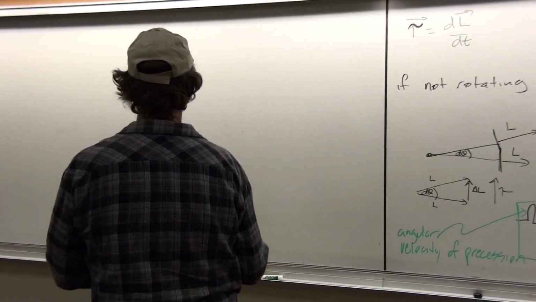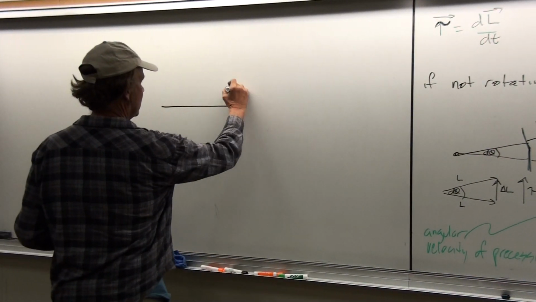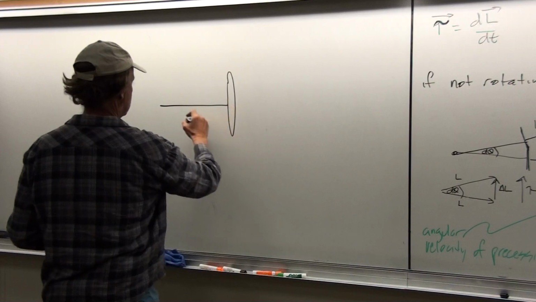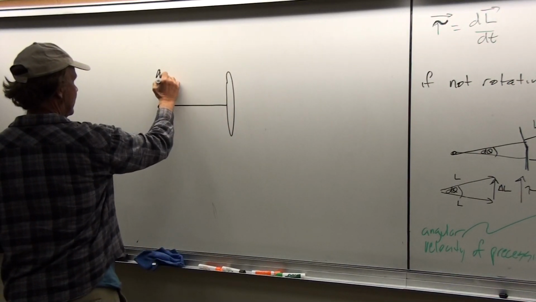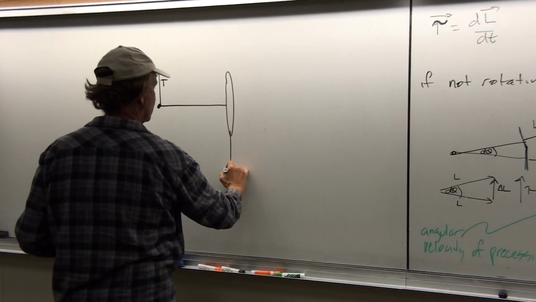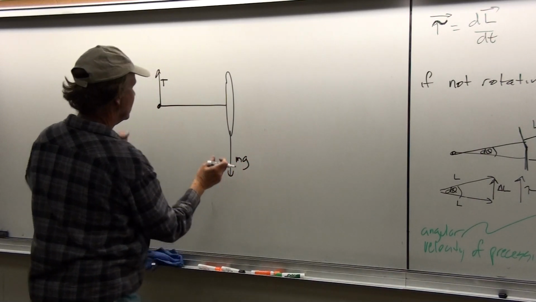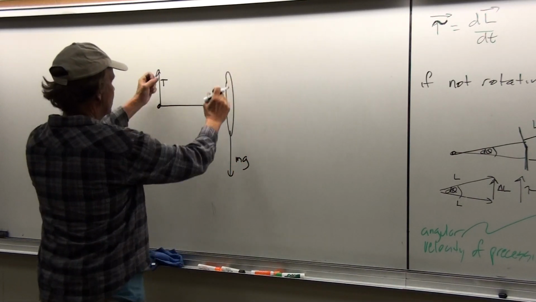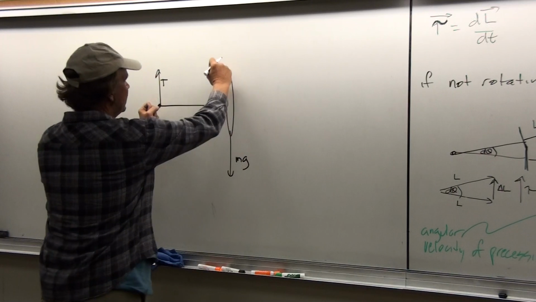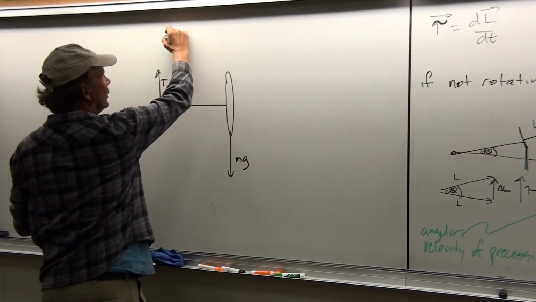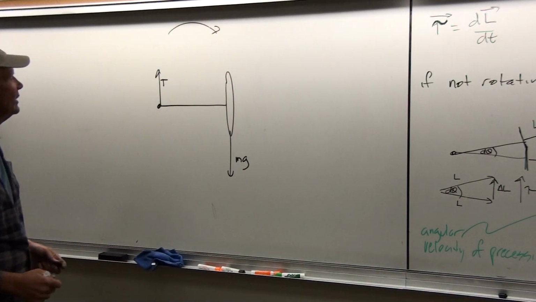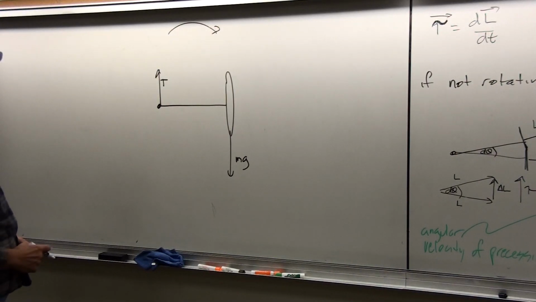Well, let's think of this thing from the standpoint of, now we could have a tension here, or normal force. This is mg. And so that's going to tend to make the system, you can see here the tension is pulling up, mg is pulling down. So both of those things are going to have a tendency, you would think, to make the system want to rotate that way.